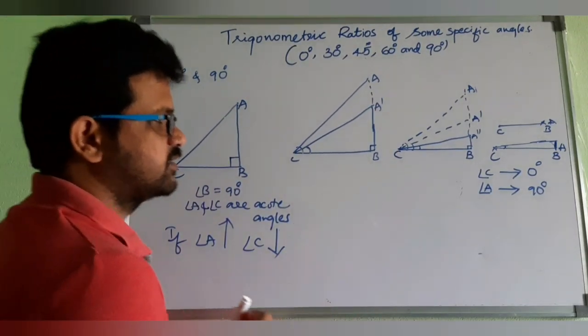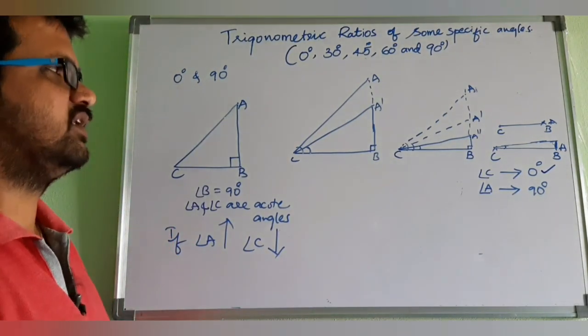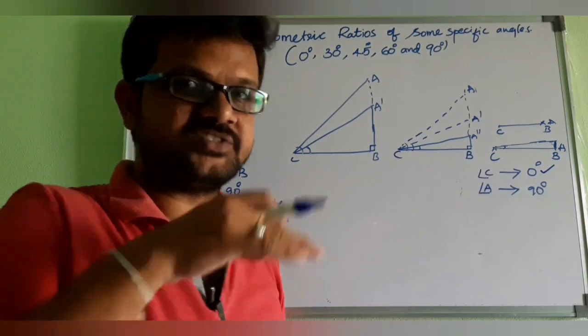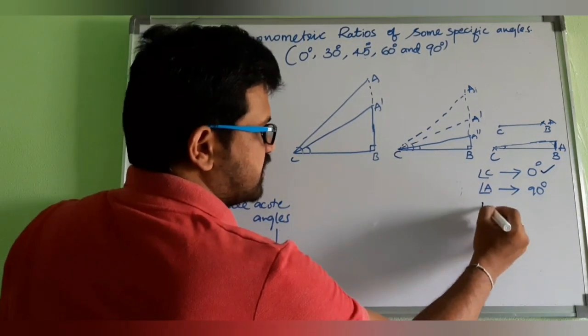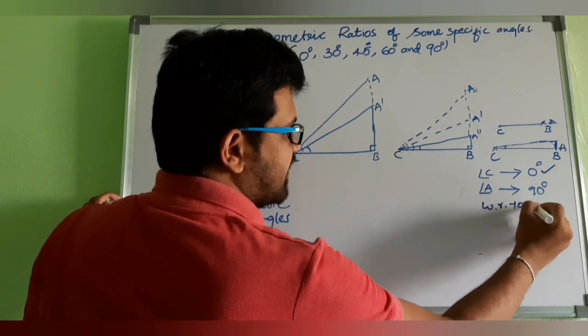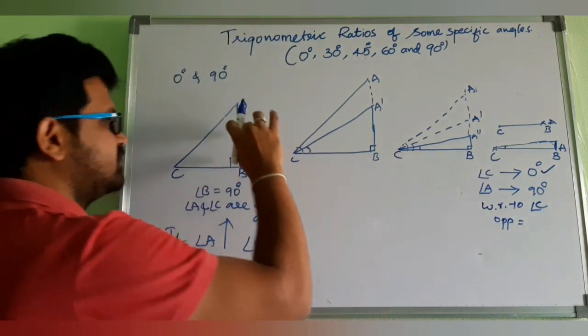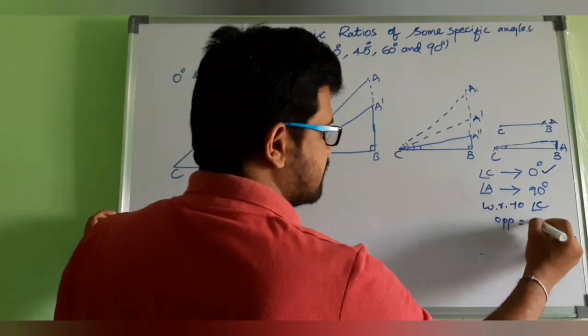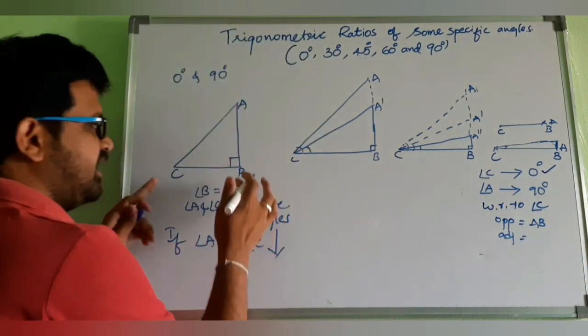Now let us take with respect to angle C. When angle C is 0 degrees, these are assumptions only. When angle C tends to 0, what happens with respect to this angle? With respect to angle C, the opposite side is AB. Adjacent side is BC.